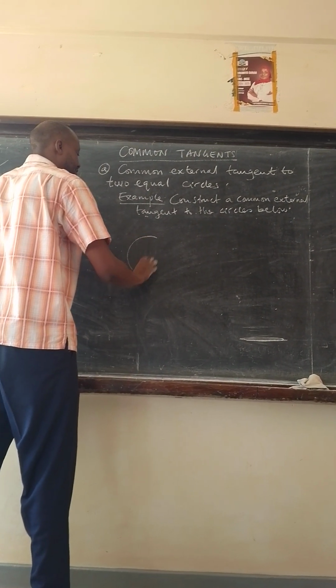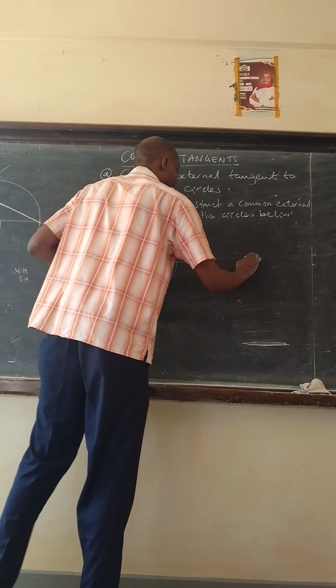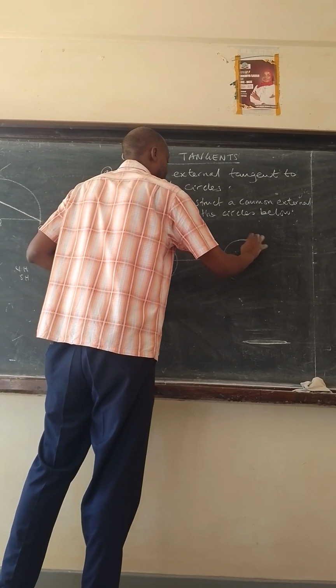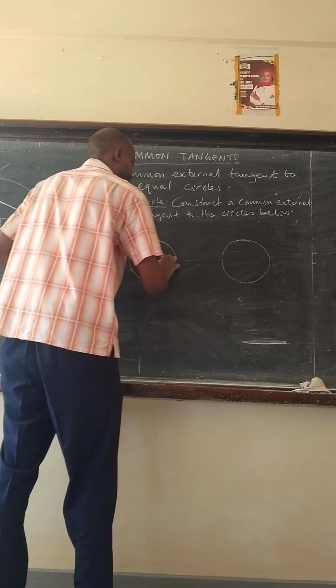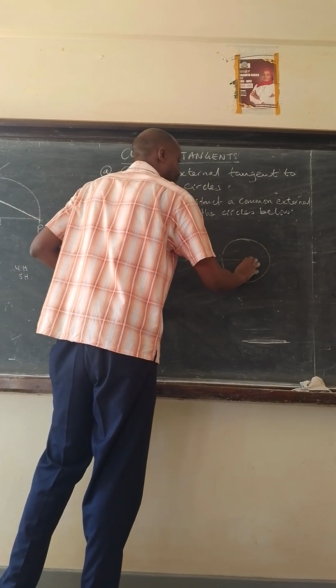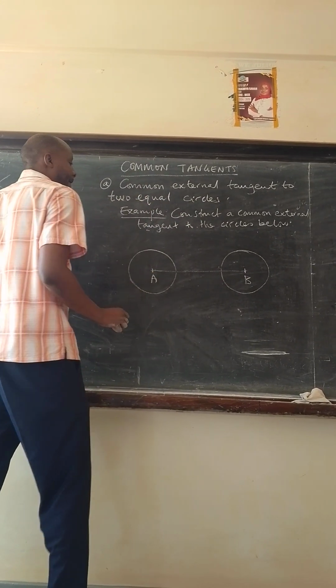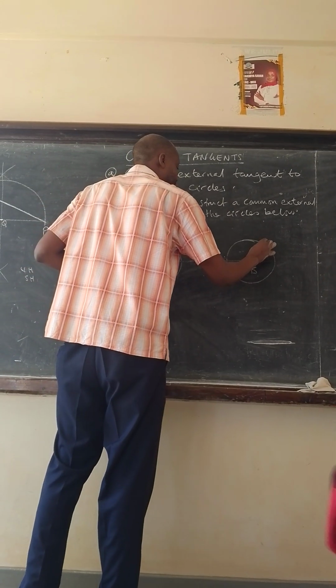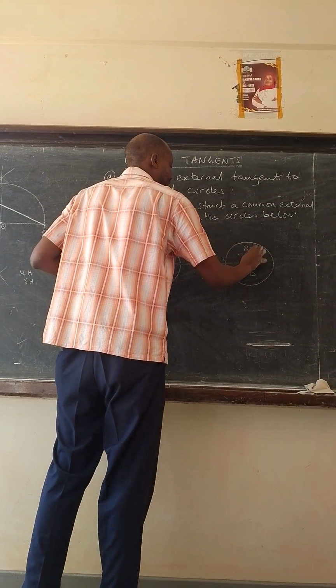You may not need to first sketch the circle. Those who are using sketches, you can first sketch. So, where A and B are the centers, if they are equal, we shall consider the same radius. Let's start it.